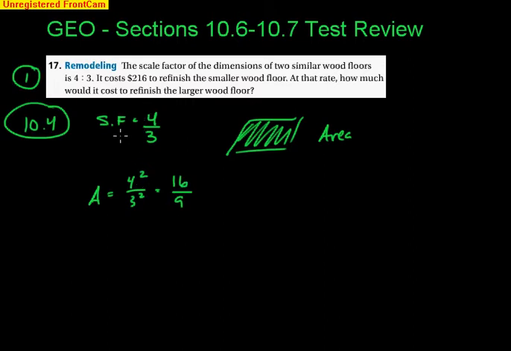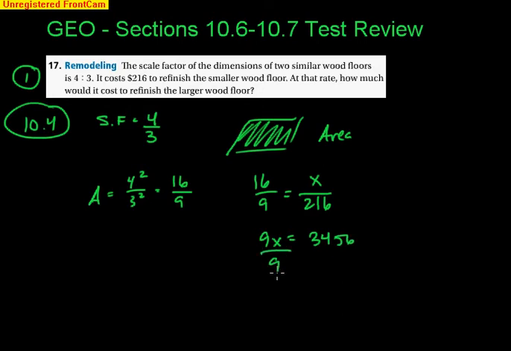In a proportion, we will set this equal to the ratio of the costs. So we set 16/9, the ratio of the areas, equal to the cost of finishing those areas. It costs $2.16 to refinish the smaller wood floor, which goes across from the 9 so that they correspond, and I'm looking for the cost of the larger one. Now we cross multiply and get 9x equals 16 times 216, which is 3,456.